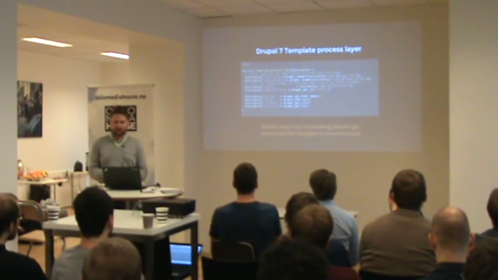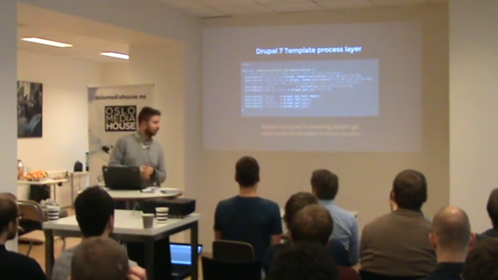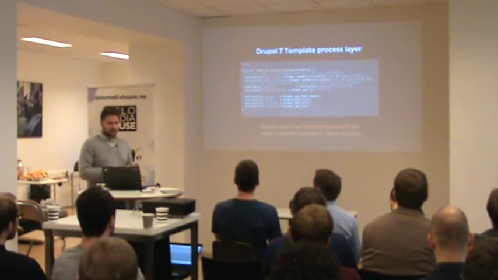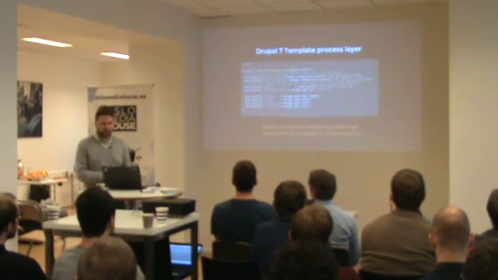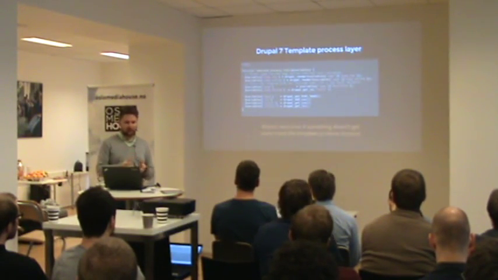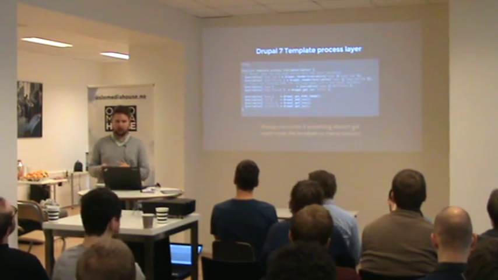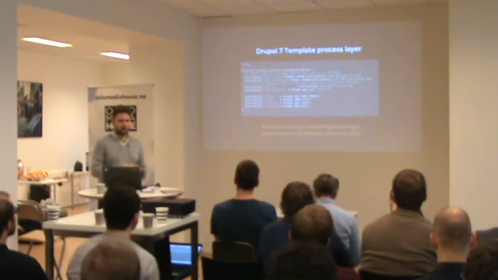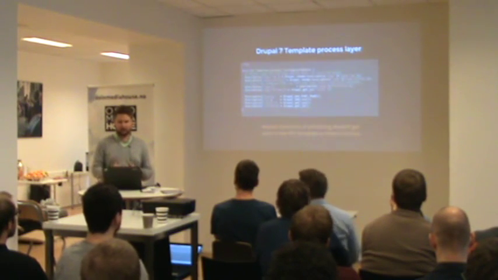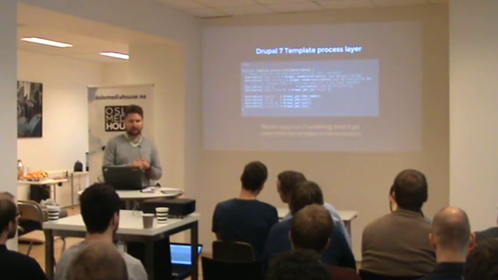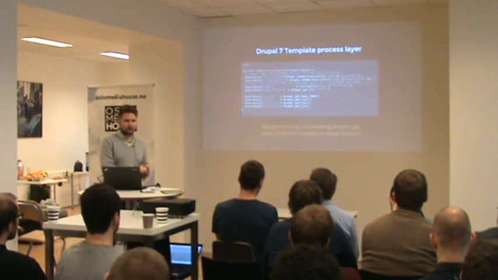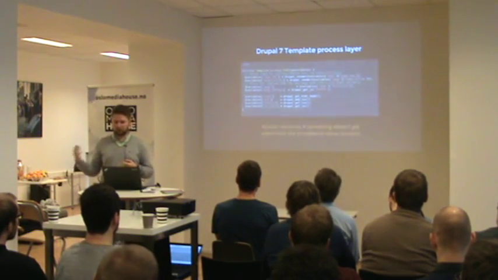So what we've actually done for the theme system, one of the things is we've thought: is the Drupal template process layer something we want to have? This is a good example of an additional layer. So we have a pre-process and a process layer. They are pretty much the same, but they're different. They are meant for different things. The process layer was meant for flattening structured arrays into strings.